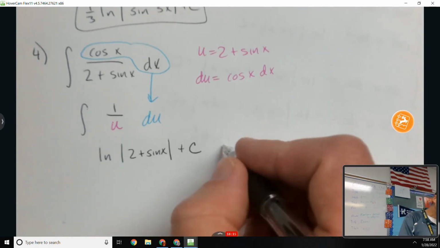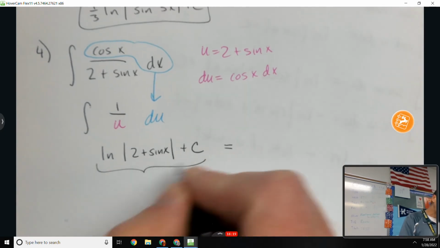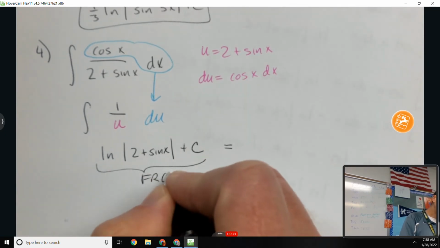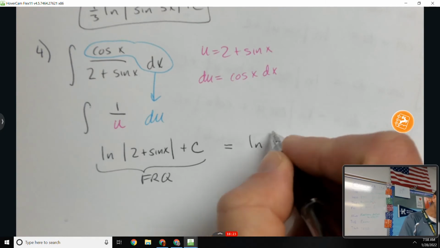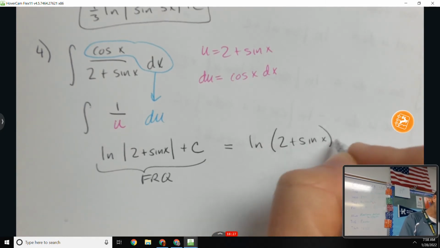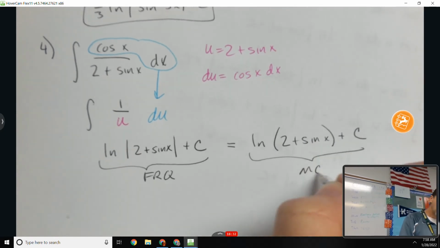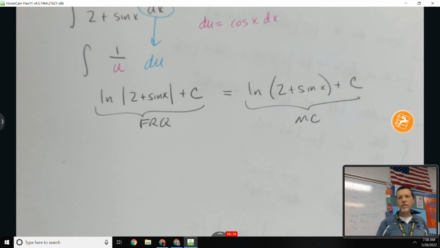There is one minor issue on this that's a perfectly acceptable free response answer. On a multiple choice test, it might be written like this. So the first question is, how are those even different?